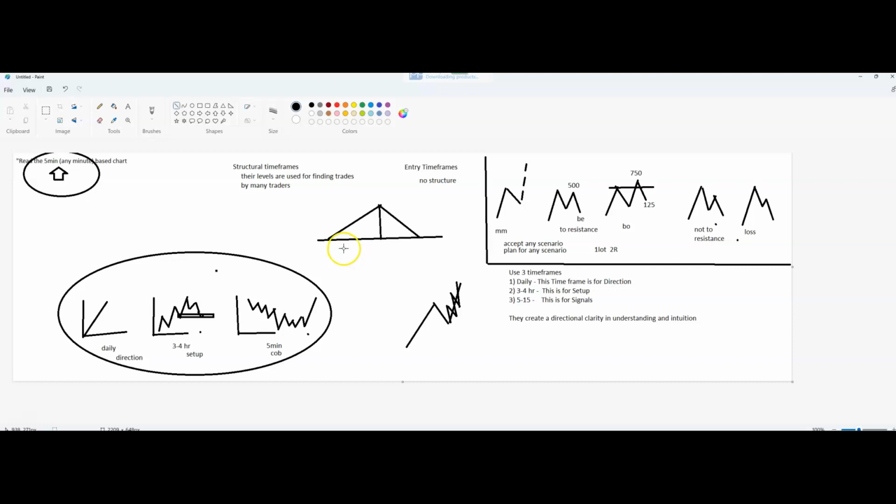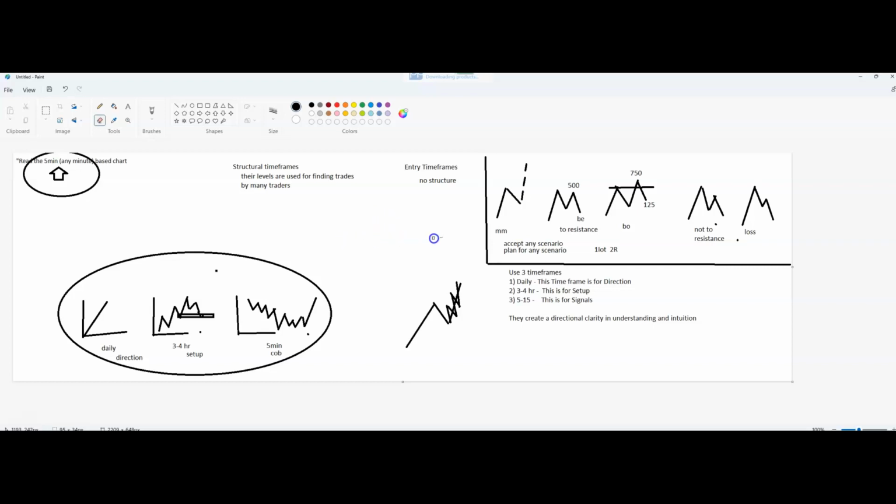I think I did it wrong. Let me make it easier. What I'm trying to say, and just use percentages, is the trades that quote unquote work, right?